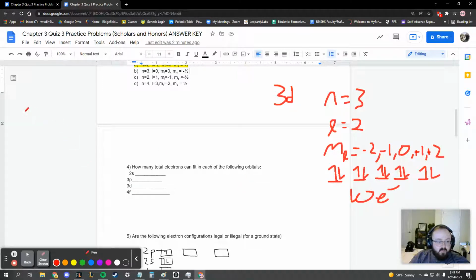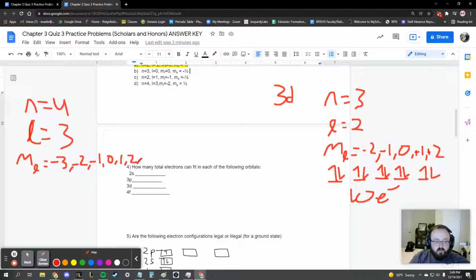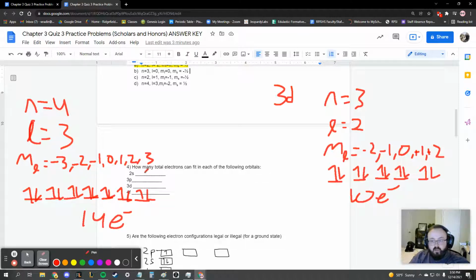Finally, for f, this means our n equals 4, our L is equal to 3, which means our M sub L equals -3, -2, -1, 0, 1, 2, and 3, which means there are 7 different orbitals, which you can have 14 electrons in them.